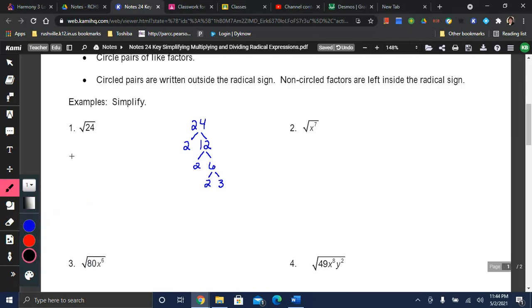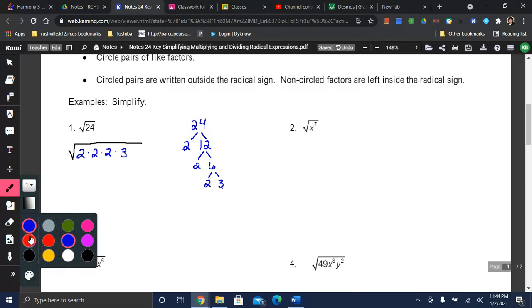So we're going to rewrite the 24 as 2 times 2 times 2 times 3 inside the square root expression. These numbers here at the bottom are what we have written our factors as.